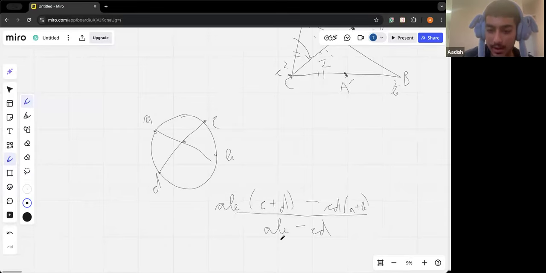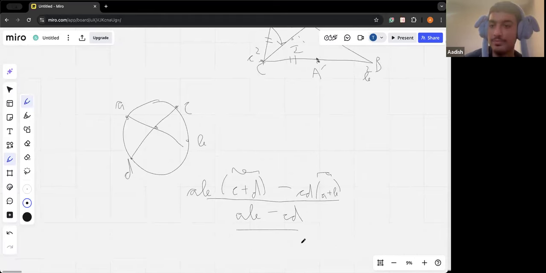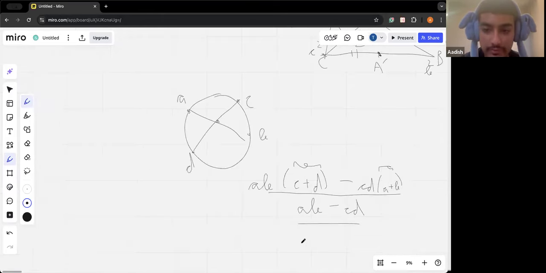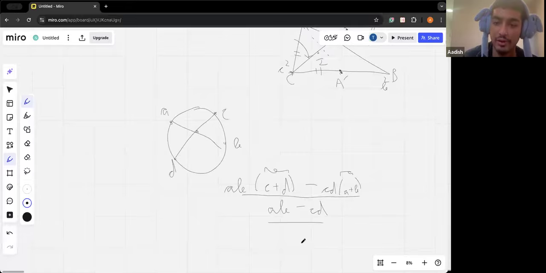The way I remember this is, if AB and CD are parallel chords, their intersection should be infinity. And if AB and CD are parallel, that means AB equals CD. That's why there should be an AB minus CD in the denominator. And the second thing is, if they are both diameters, their intersection should be the origin. That's why there is an A plus B here and C plus D here. So if A was minus B and C was minus D, this would become 0. That's one way to remember it.